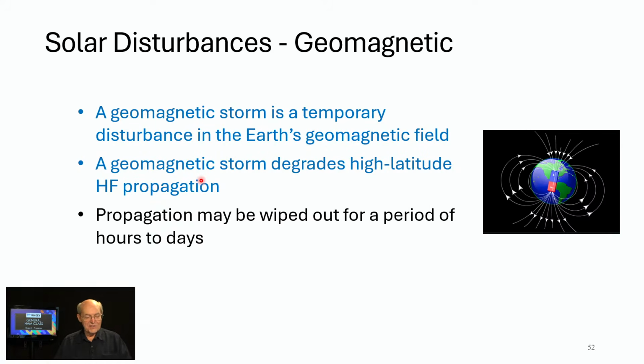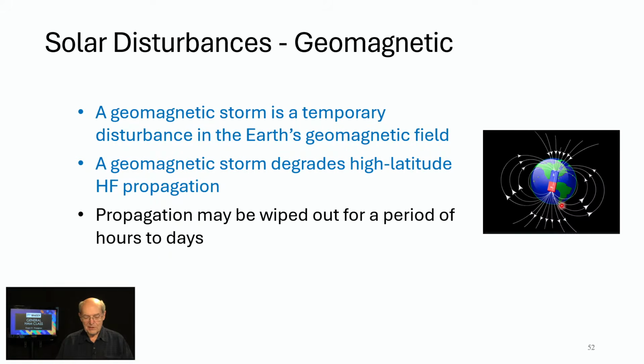More disturbances. Geomagnetic. So a geomagnetic disturbance is going to mess up the magnetosphere of the Earth. And here we've got a picture of the Earth and a permanent magnet, North Pole, South Pole of a magnet. And you may remember from your grade school and junior high school science that likes attract and opposites repel.